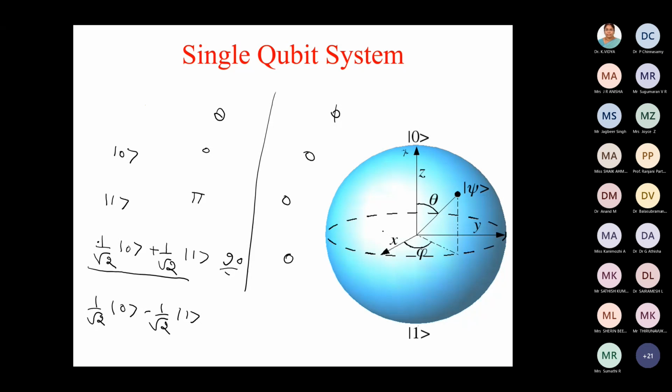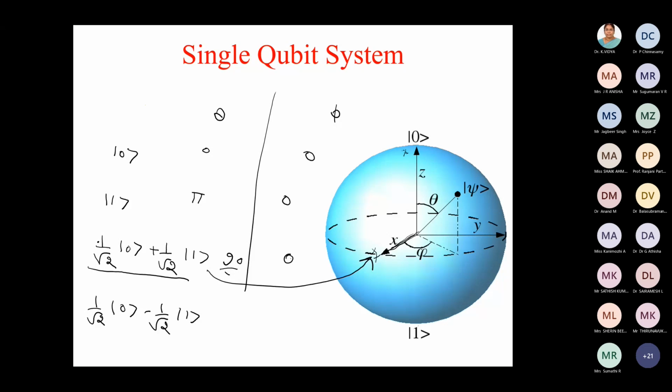But I am saying that phi is 0. Phi 0 means this point must be here only. Phi is the angle with the plus x axis. In this case phi is 0, so this point will be on the plus x axis only.